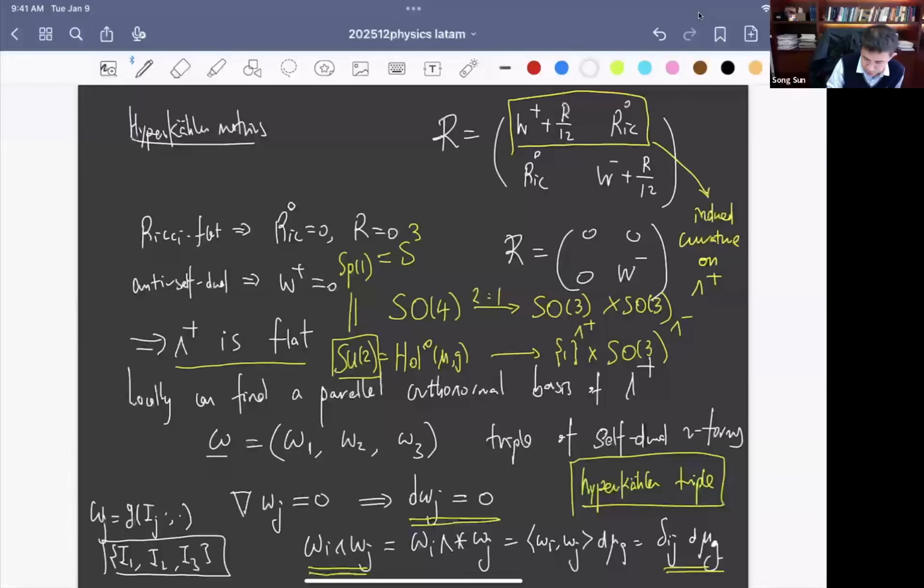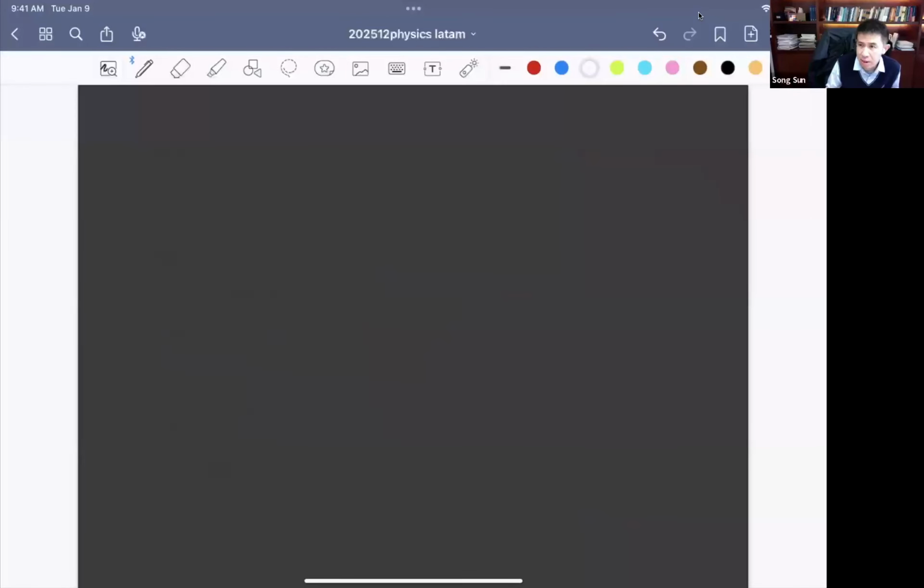And I want to say that conversely, you can use this hyperkähler triple to characterize such a metric. Later, if we can write down some two-forms to satisfy these equations, we will get a hyperkähler metric. And that's the point.